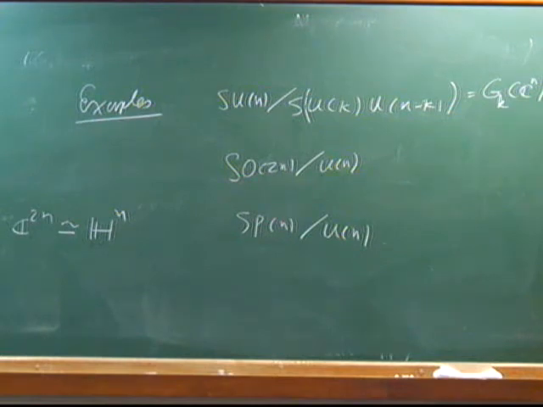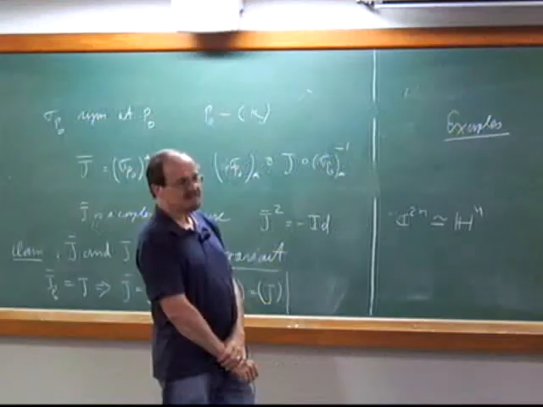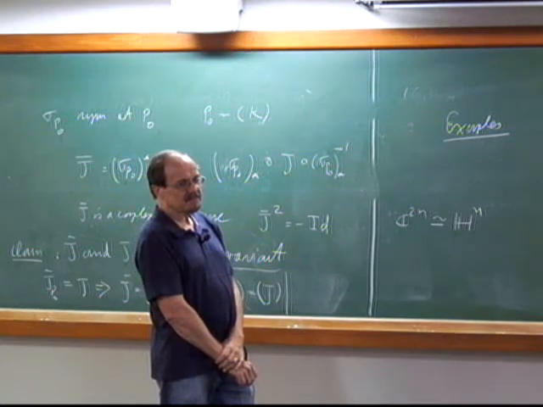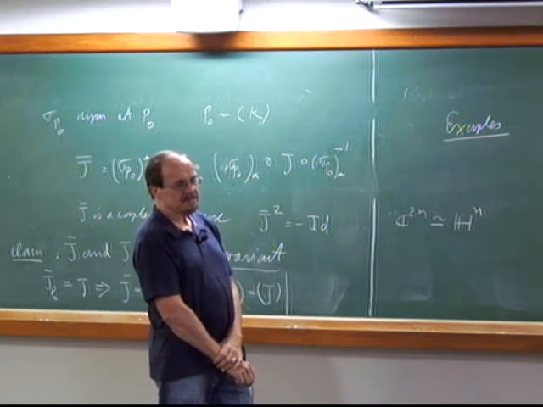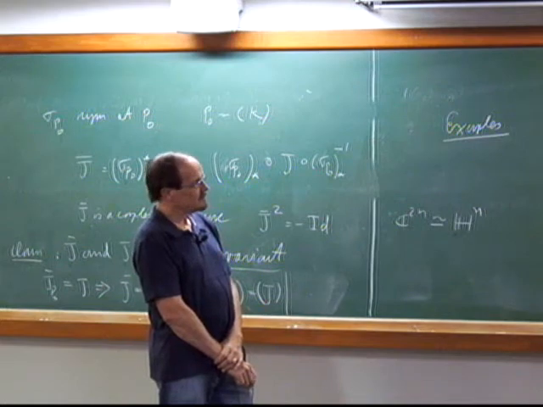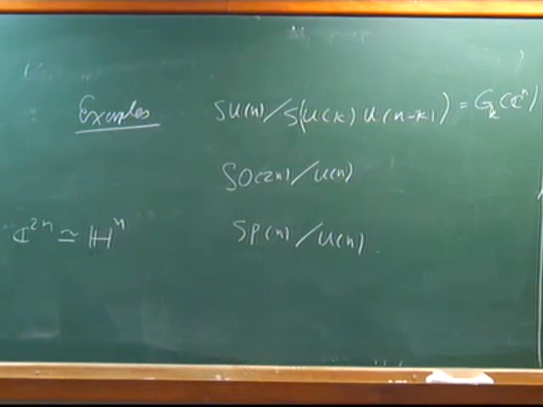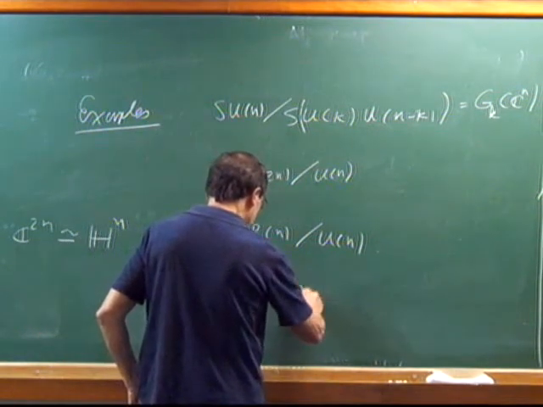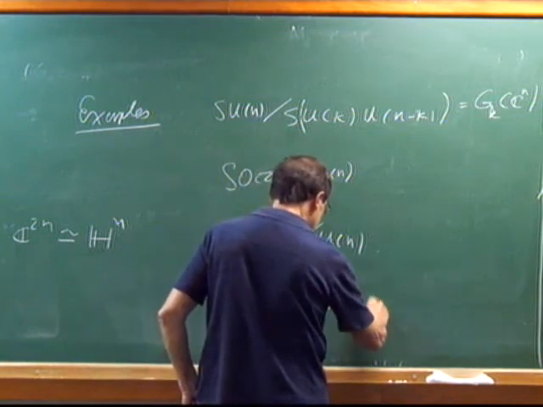How about real Grassmannians? Any real Grassmannian with a K that is not semi-simple? So it's SO(P plus Q) mod SOP times SOQ, right?